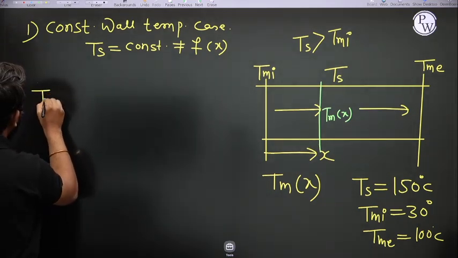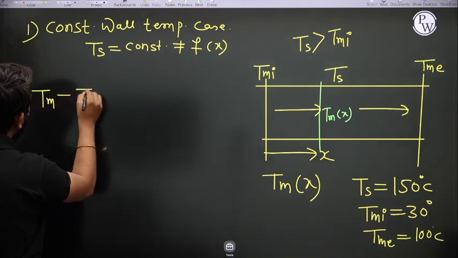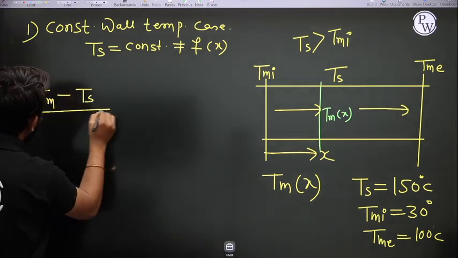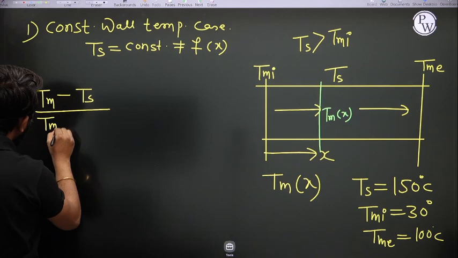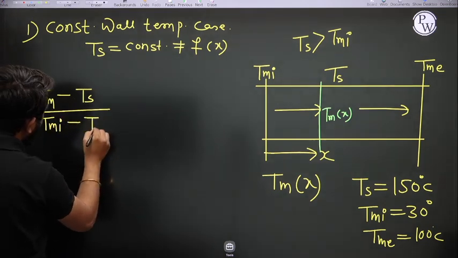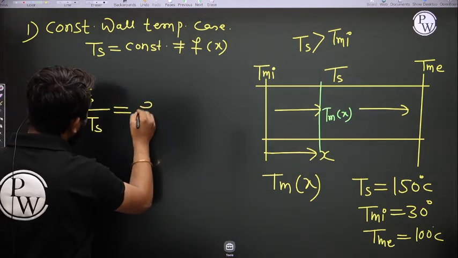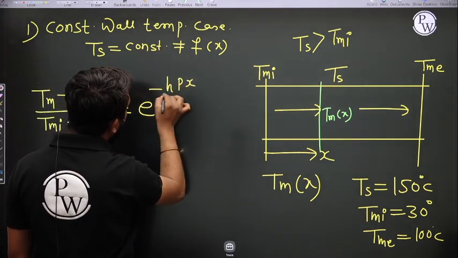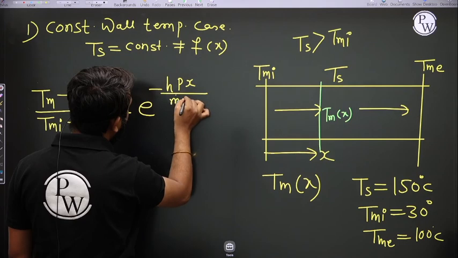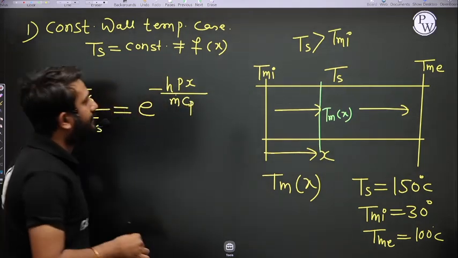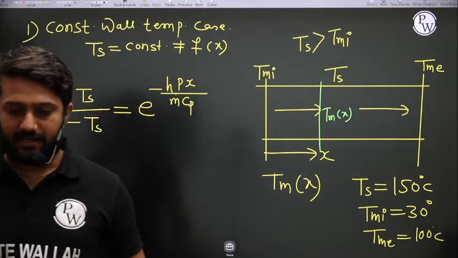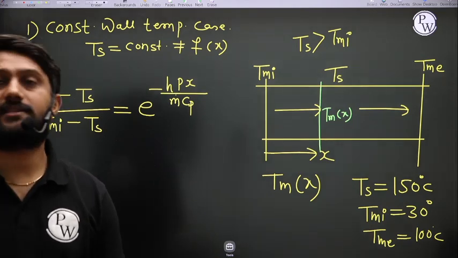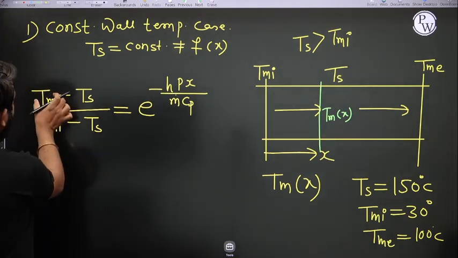(Tm minus Ts) divided by (Tmi minus Ts) is equal to e to the power minus h P x upon m dot Cp. This is the variation of mean temperature.